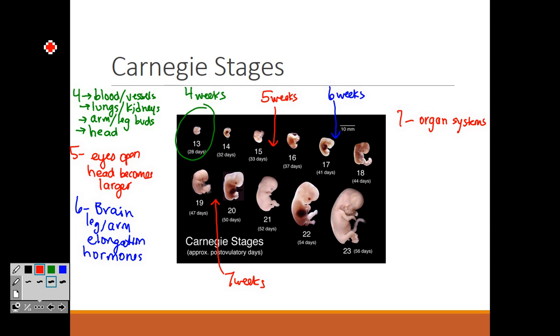This is the point where they start working systematically. So we see a lot of coordinated activity. We also see a cartilaginous skeleton. So bones, they're not hard like a bone is yet, but they're there and they're forming.